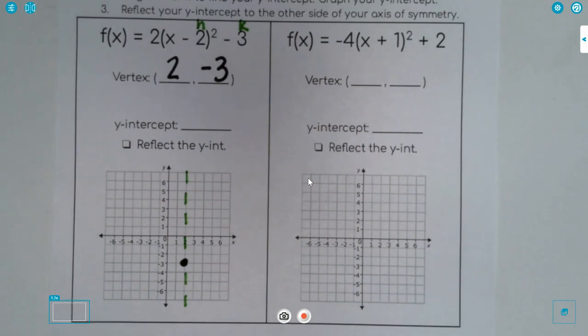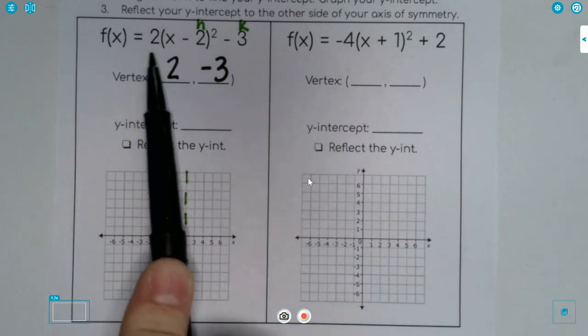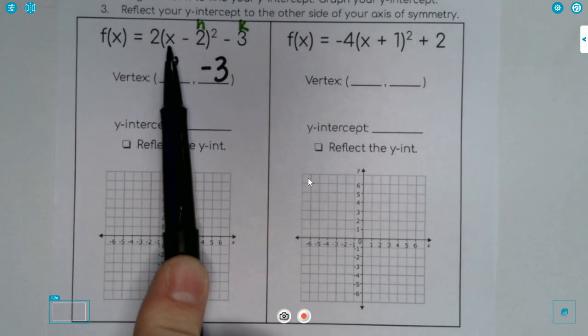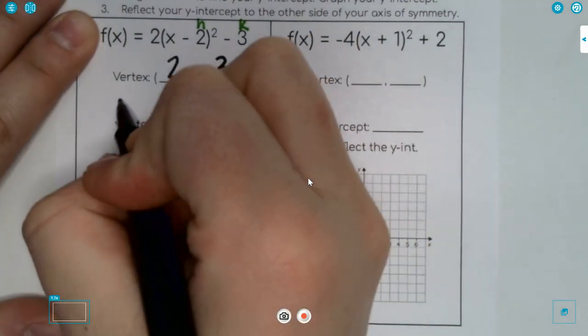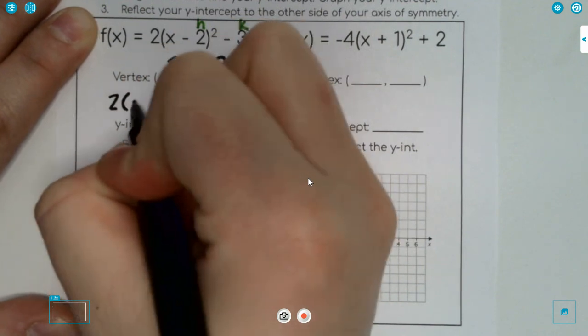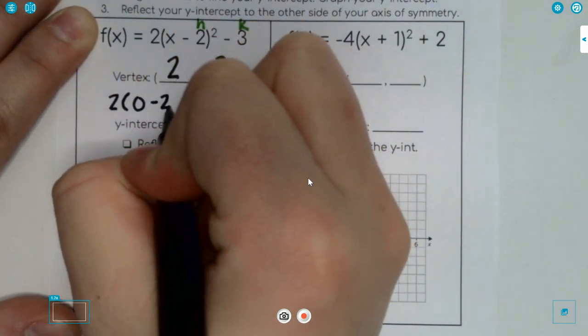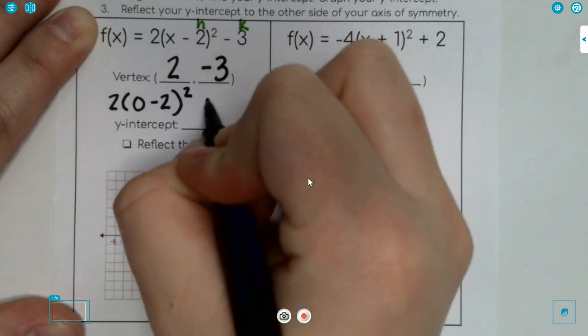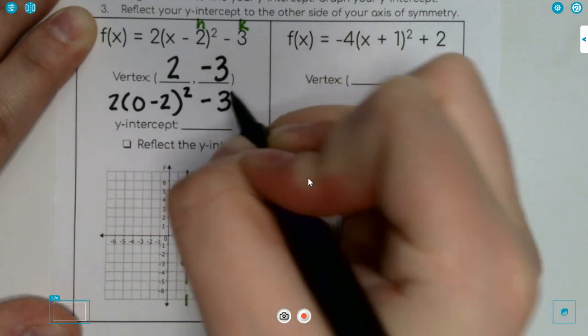Okay, so for our y-intercept, we are going to plug in 0 for x. We're going to take the entire equation and replace that x with a 0. I'm going to write down what I'm going to put in my calculator: 2 times 0 minus 2 squared minus 3.